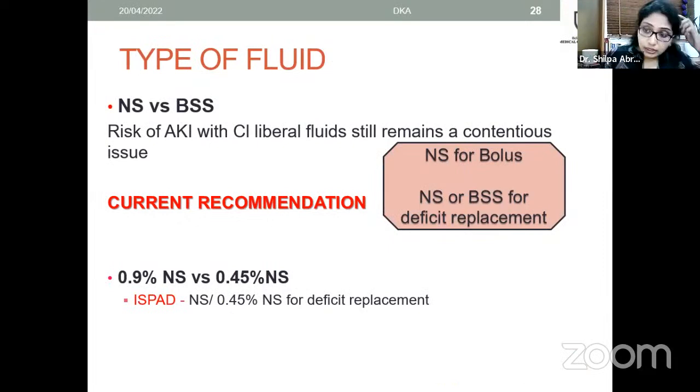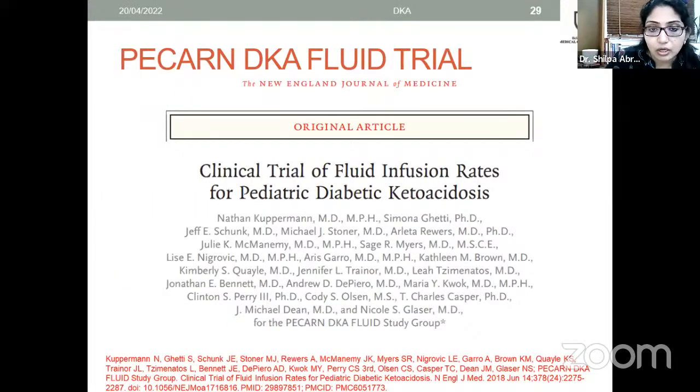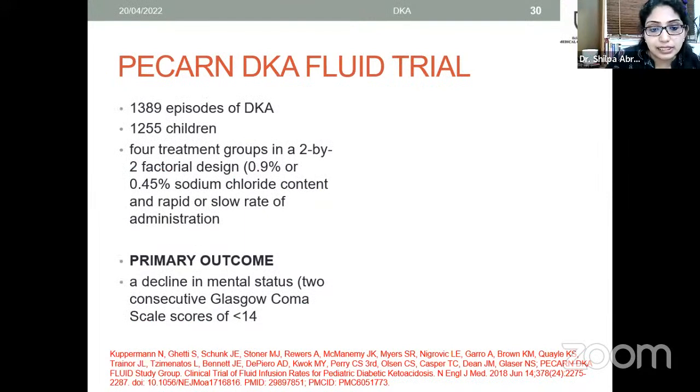So all these fluid recommendations are mainly based on the PECARN DKA fluid trial, which is a large multi-centered fluid trial done in 1,300 children. These children were divided into 4 groups: one group received 0.9% NS, another group received half NS, and one group received rapid and another group received slow correction of the deficit with the fluids.